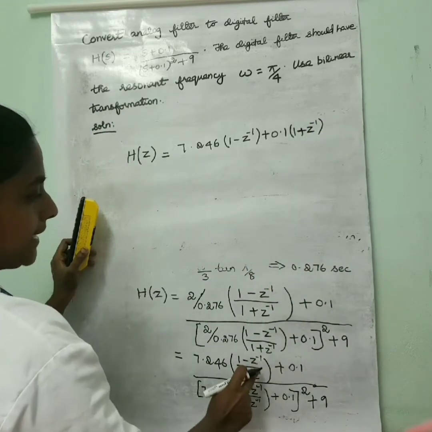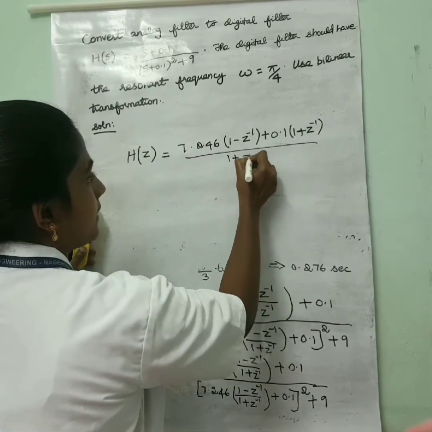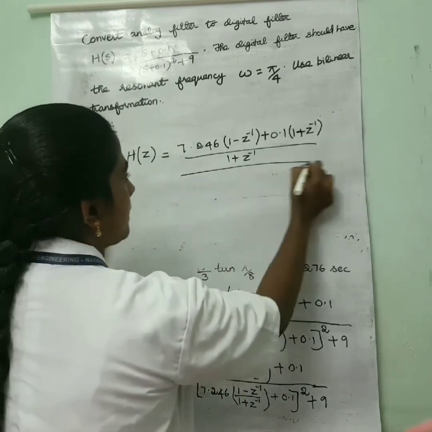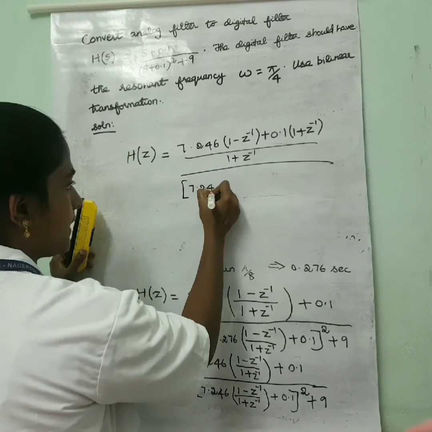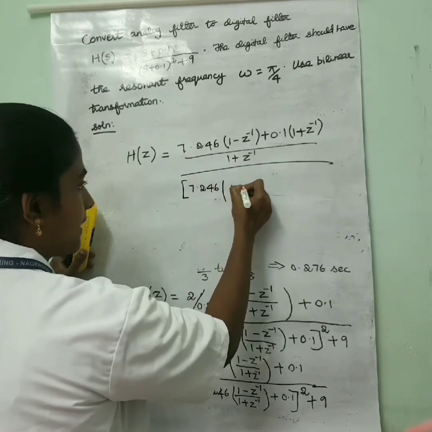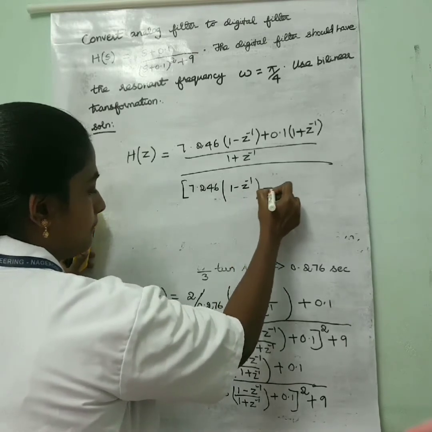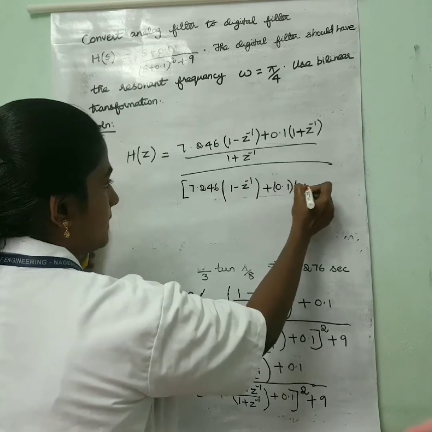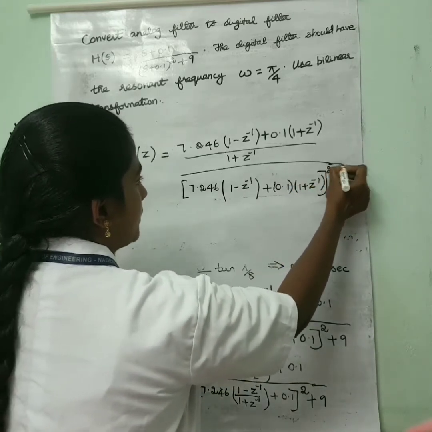In the denominator also, 7.246 into (1 minus z power minus 1) plus 0.1 into (1 plus z power minus 1), and here also you take LCM.